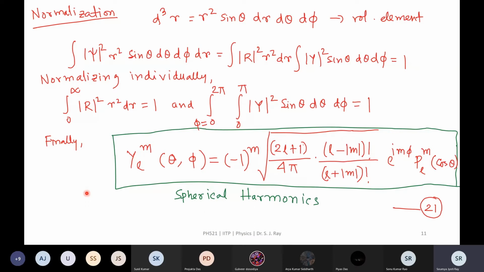So what does that tell us? Anyone? The potential is not dependent on angular parts. Roshan, you are saying the potential is not dependent on the angular part. Is that the message you got from here?